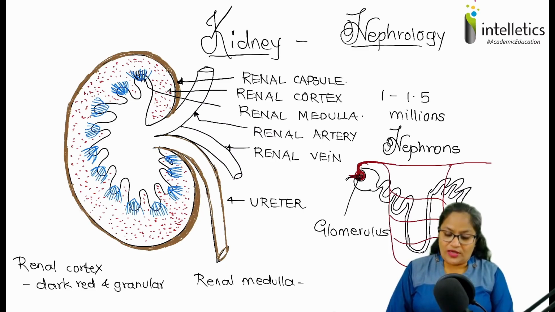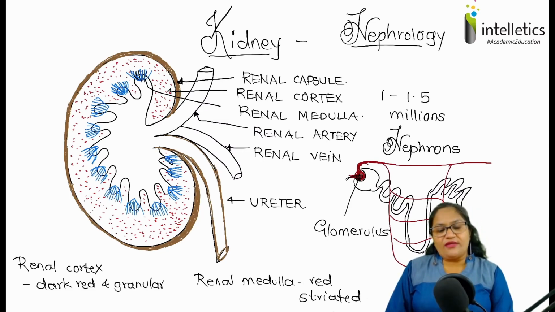It is no doubt red, but it is not really blood red; it appears a shade lighter compared to the renal cortex, and it is more striated. It has a striated appearance.